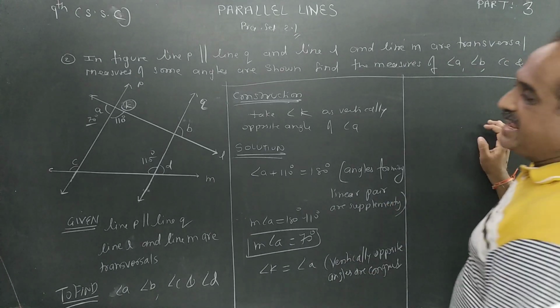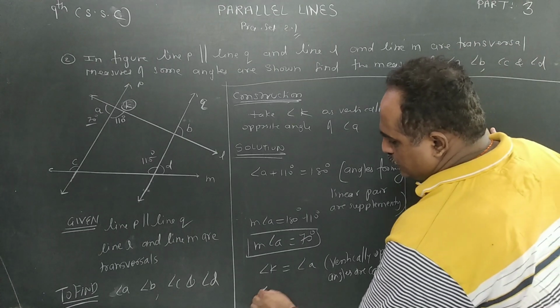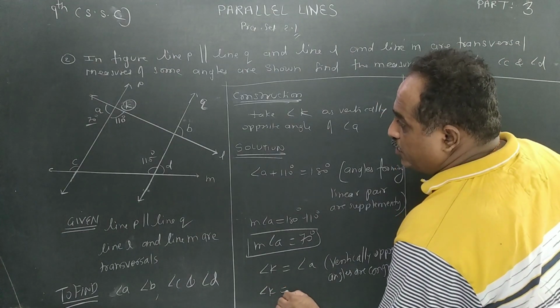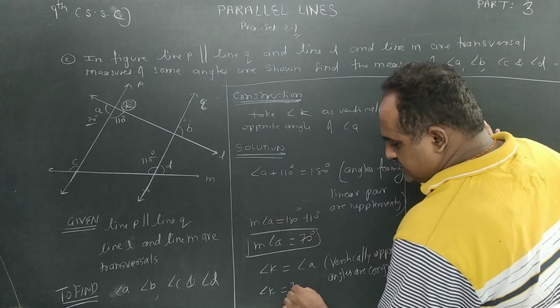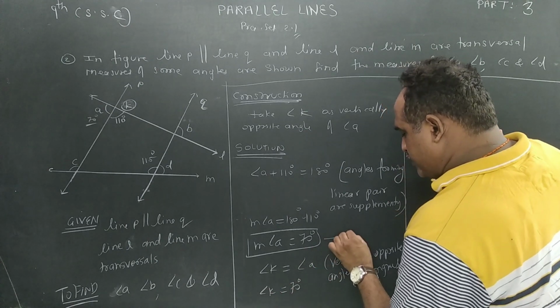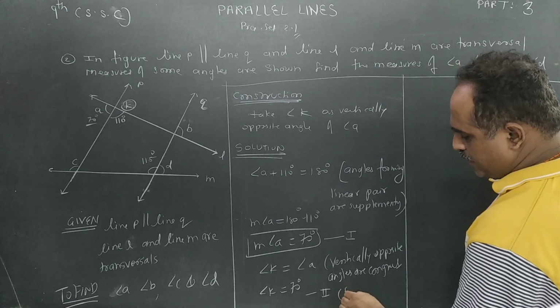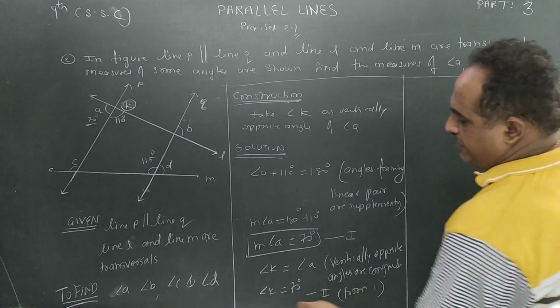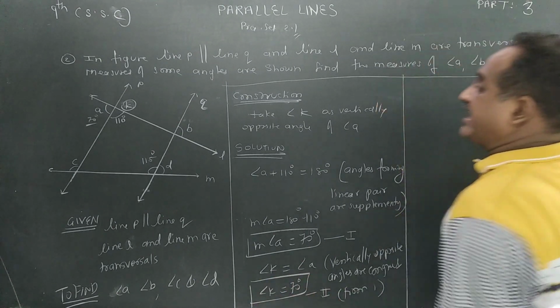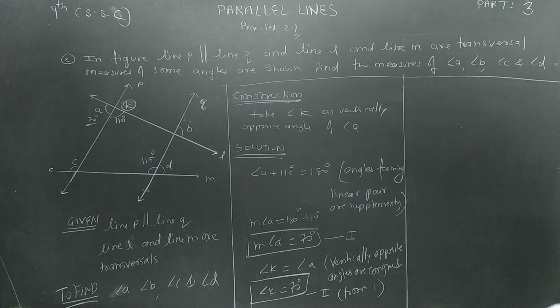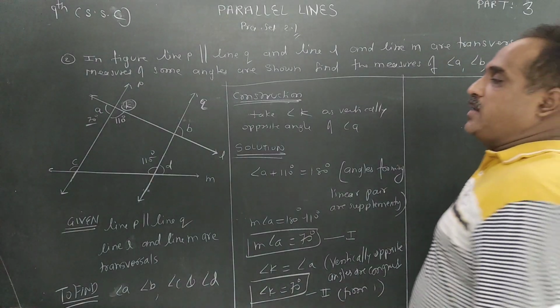So vertically opposite angles are congruent. So angle K is equal to how much you got? 70 degree. I take it as equation 1. It is at equation 2, and you are going to write from 1. So you got answer of K, but K we have considered, it is not given, that's why.